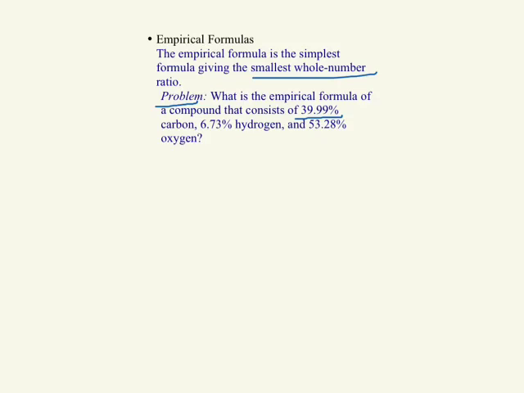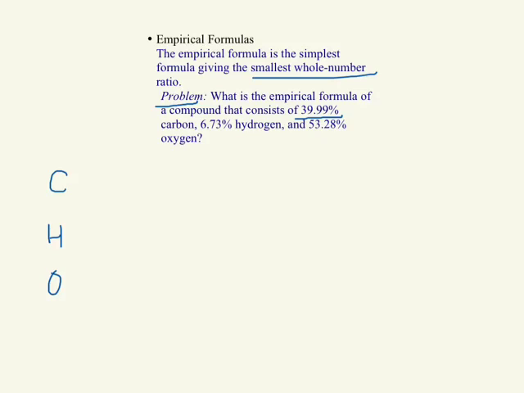In the first column, write down all the elements present: carbon, hydrogen, and oxygen. In the second column, you write down the percentage in terms of grams. Assume a definite starting quantity, 100 gram of the compound.